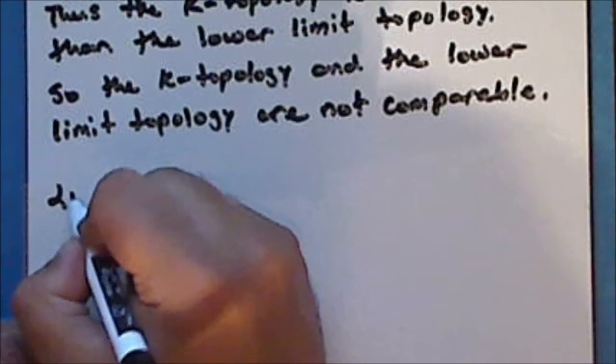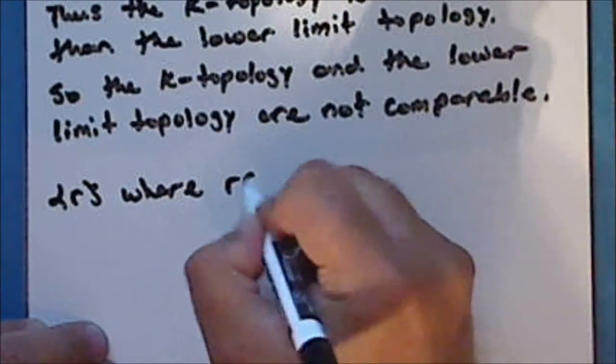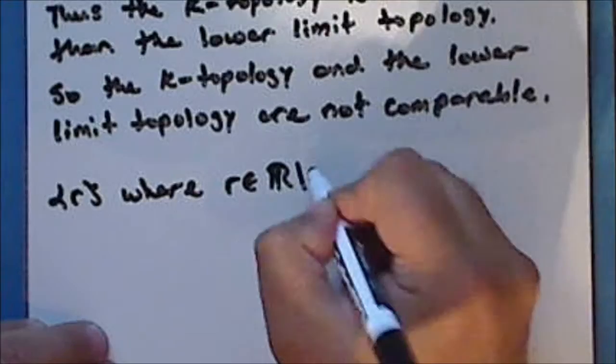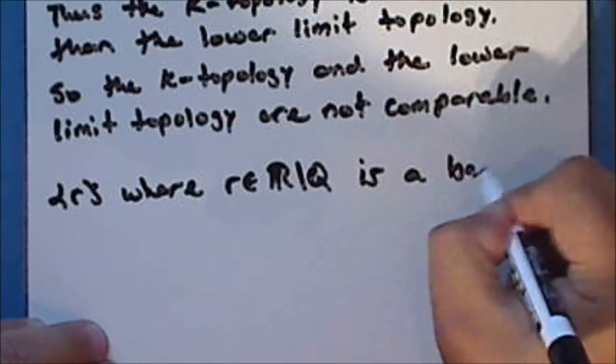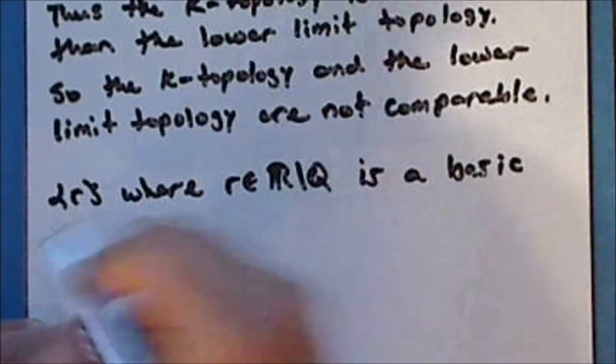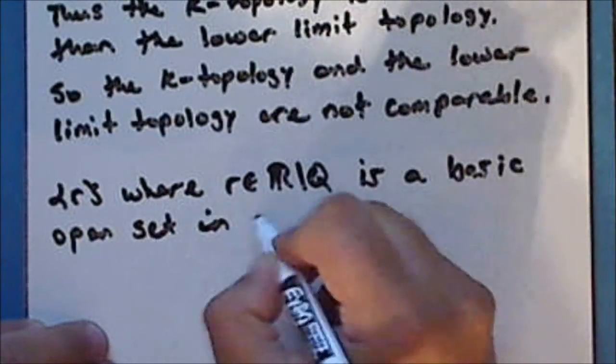Now the singleton containing the point R, where R is an irrational number, is a basic open set in the Michael line.